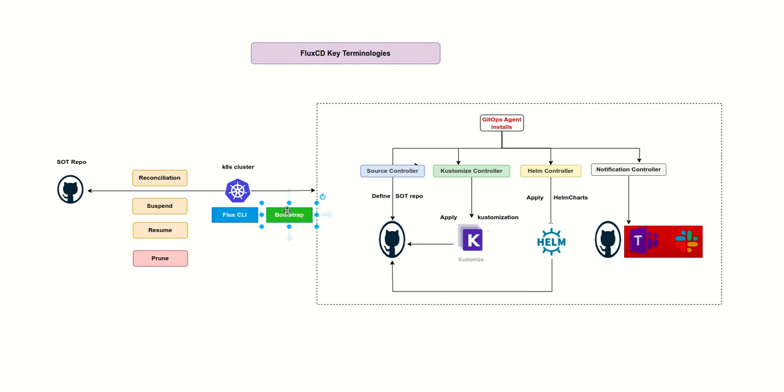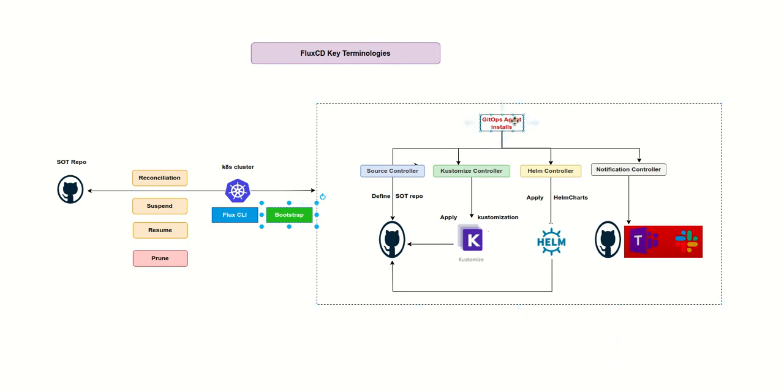When we start the bootstrap command, it installs the GitOps agent on the Kubernetes environment. It creates a namespace called flux-system, and in that namespace it creates this GitOps agent.